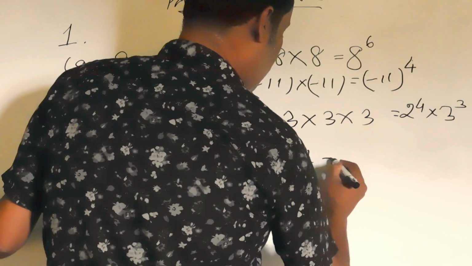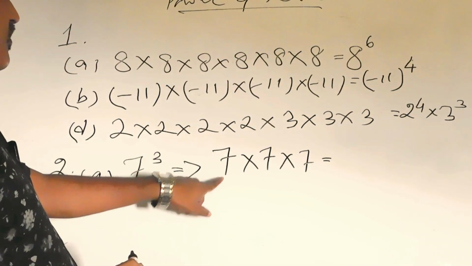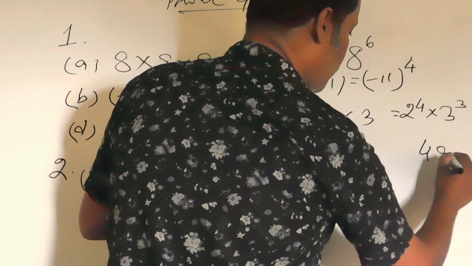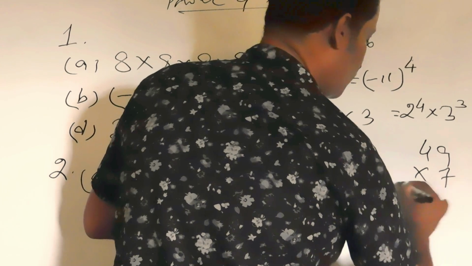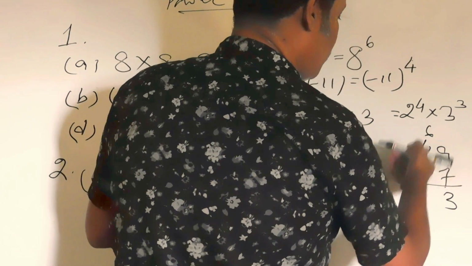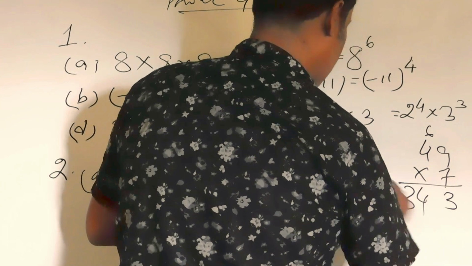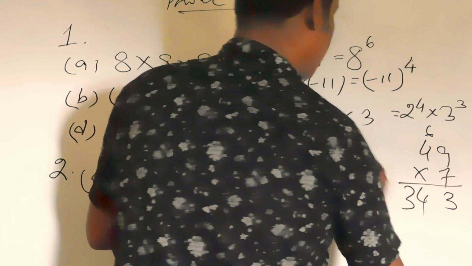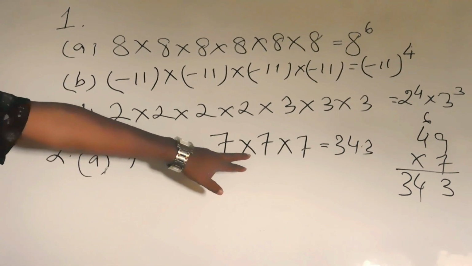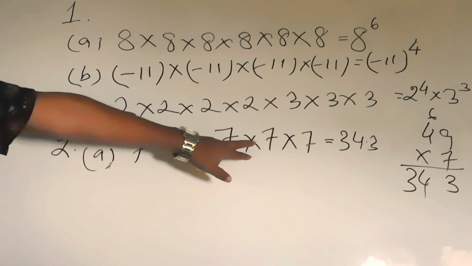After that you multiply. 7 into 7 is 49, and if you find it difficult, you take 49 and multiply again by 7, then it comes to 343. Like that you can calculate the indicated powers.